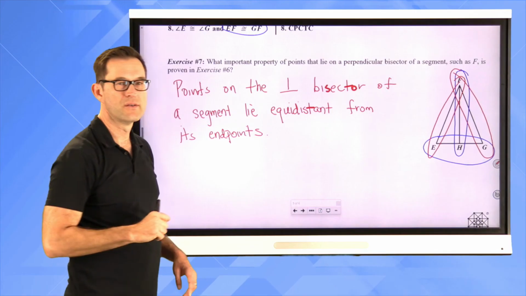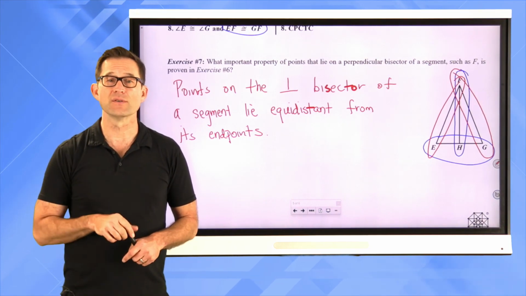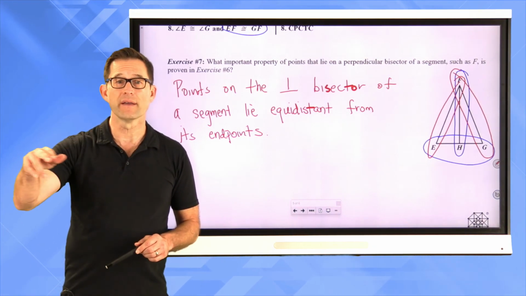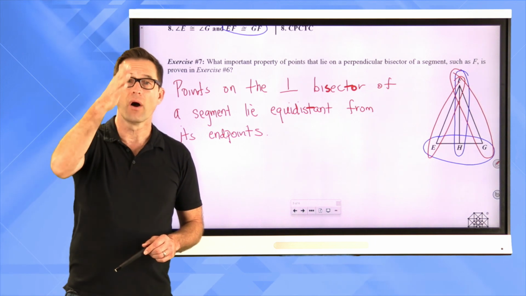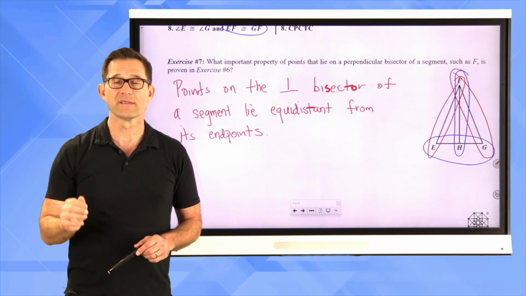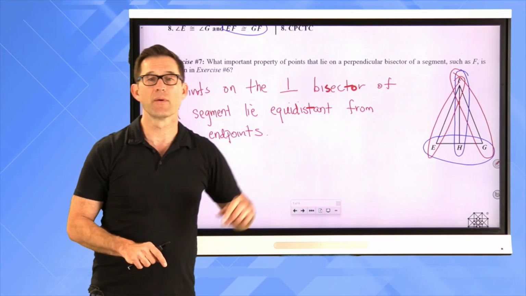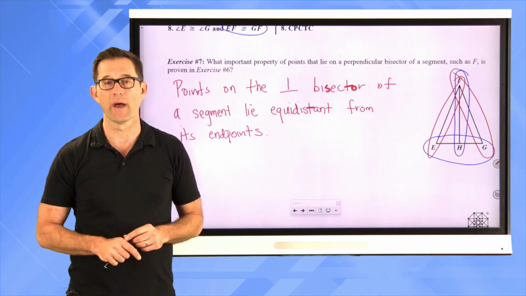Isn't that cool? Right? And that is a really important property of flat two-dimensional space. If I have a line segment, and I draw the perpendicular bisector of that line segment, any point that lies on it must be equidistant from one endpoint as it is from the other endpoint, the same distance away.